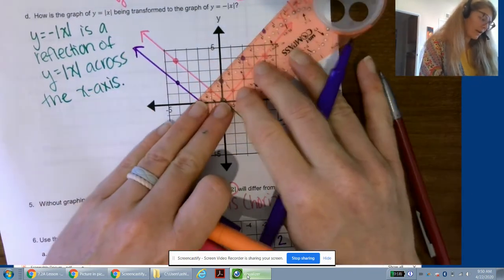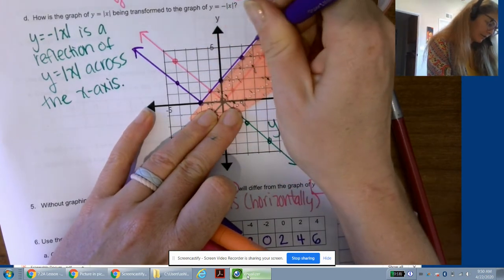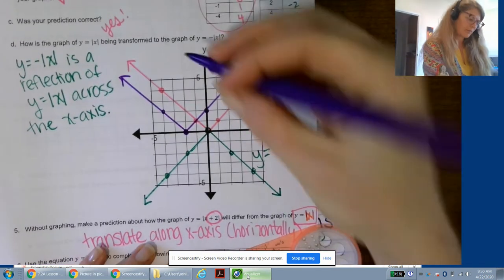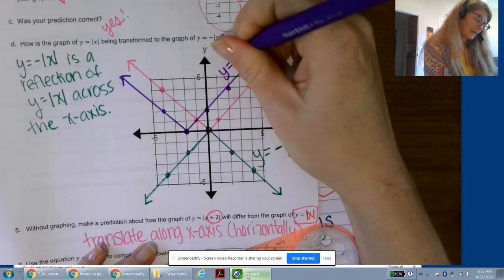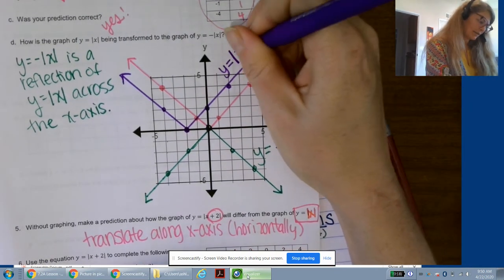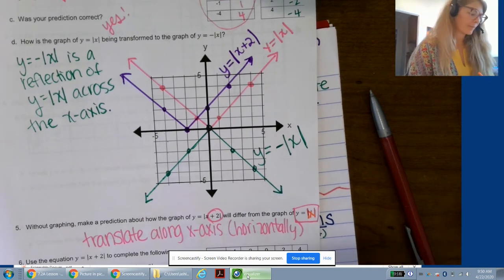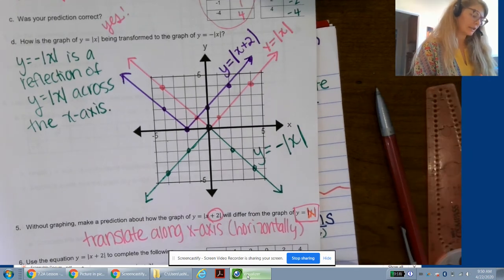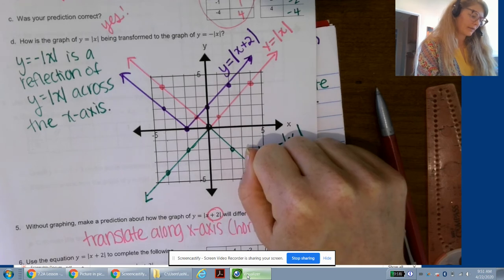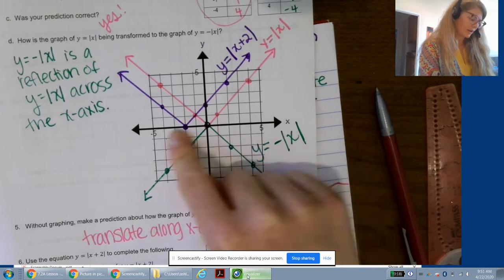Notice what is happening from my parent function, which was my pink one, to this image. Remember, this is y equals absolute value, and on the inside, it's x plus 2. So taking a look here, we are going to have a translation horizontally, which we agreed on.